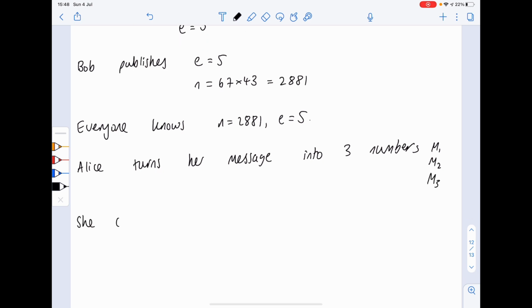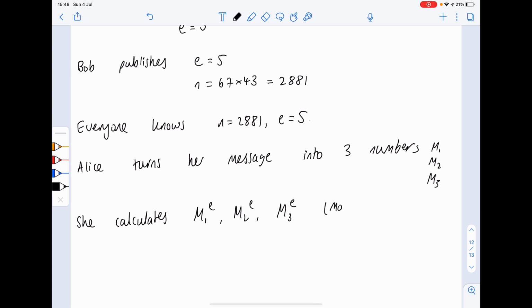She calculates M1 to the E, M2 to the E, and M3 to the E. Right, because she knows E, and of course she knows what her messages are, so she can calculate these.